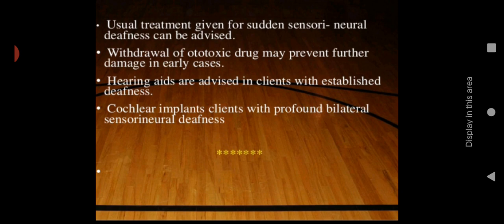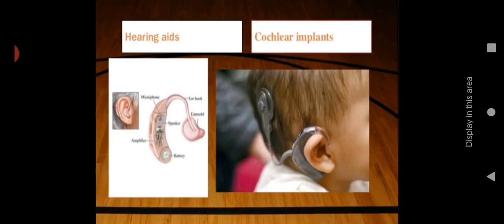If complete deafness happens, we can provide hearing aids. Cochlear implants are advised for patients with profound bilateral sensorineural deafness, meaning deafness in both ears. So these are the treatments we are doing for ototoxicity.